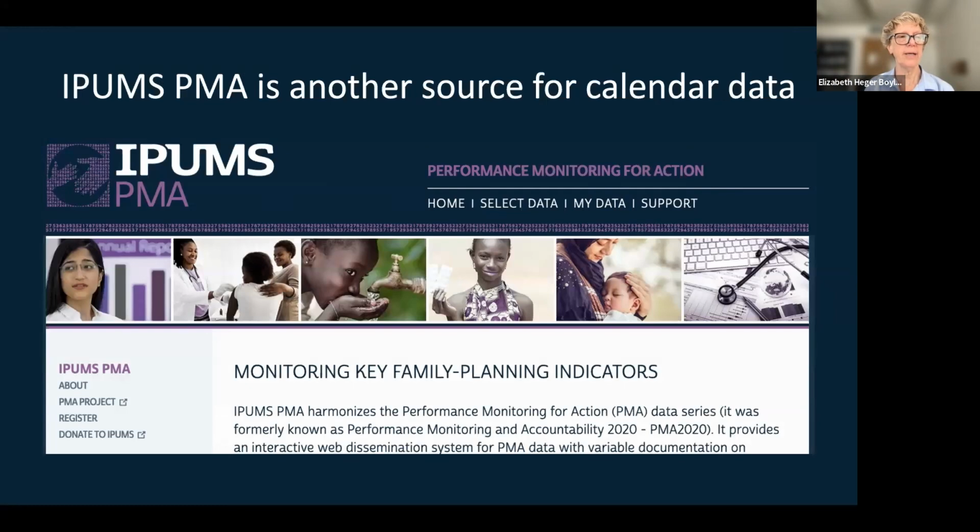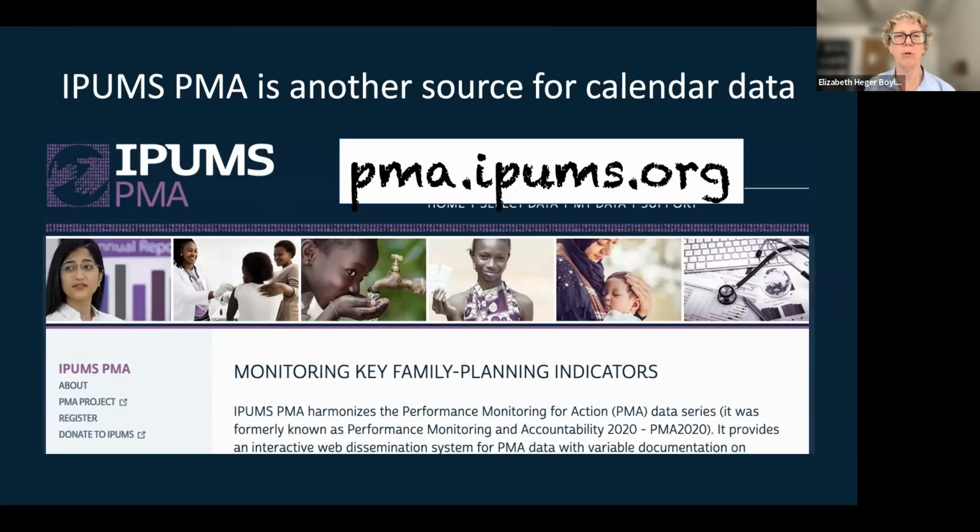The final additional consideration is I just wanted to go back to IPUMS PMA to say that this is another source of calendar data. IPUMS PMA is available at pma.ipums.org. And these are frequent turnaround surveys. So one of the things that's interesting is they can do shorter calendars because they're talking to women more frequently. So I highly recommend that you check out that calendar data as well.